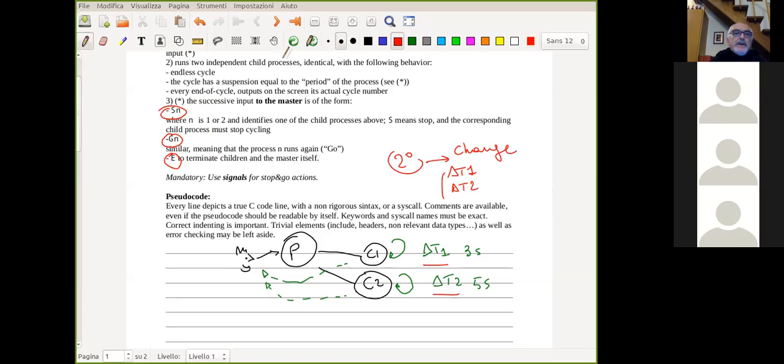For example, T1, 5 means the period of child 1 is 5 seconds, or another value. But do it at the second step.